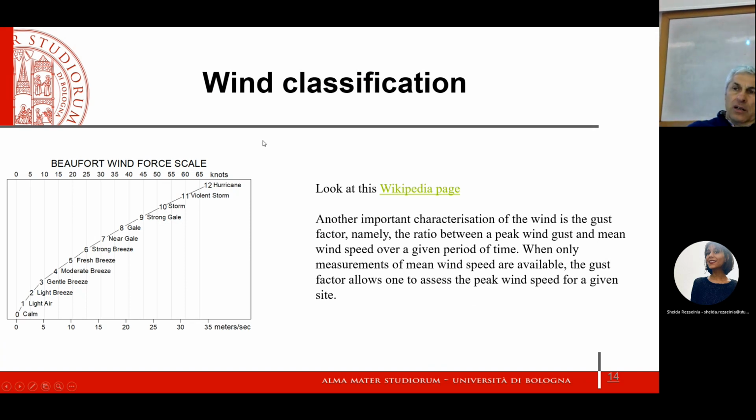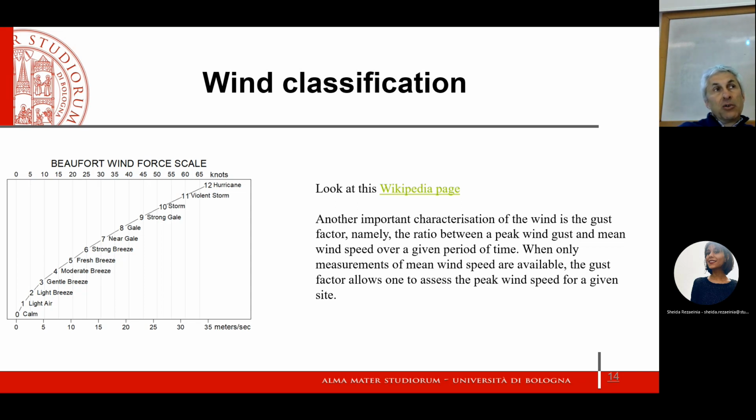So try to, usually I'm not asking at the exam what is the velocity of a violent storm, of a hurricane, but I really encourage you to get a perception of what it means. And another thing that I suggest you to learn is the correspondence between knots and velocity with the international units.